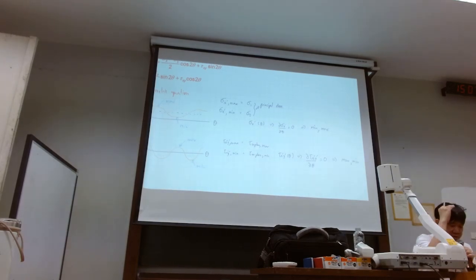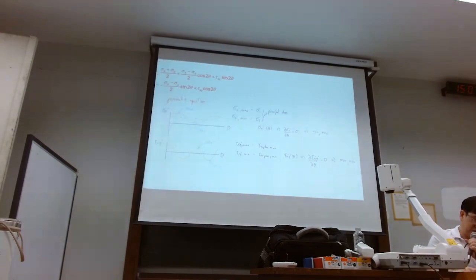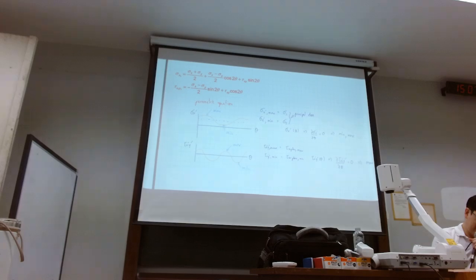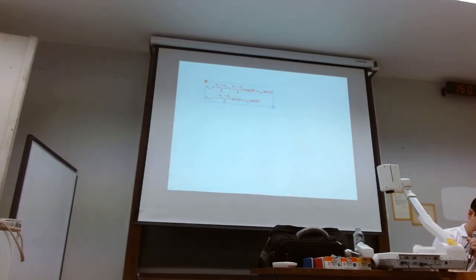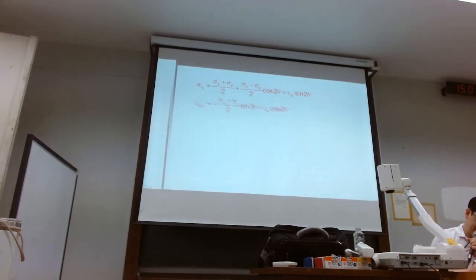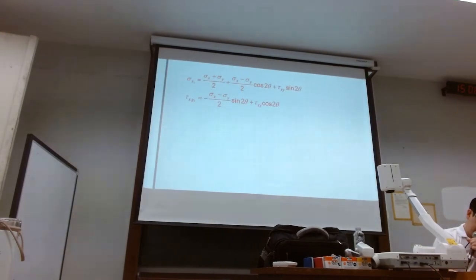So with that concept, we're going to take the functional forms that we have here, and we will take the derivative of it and say that this is the del of sigma x prime by del theta. The first term will be 0.